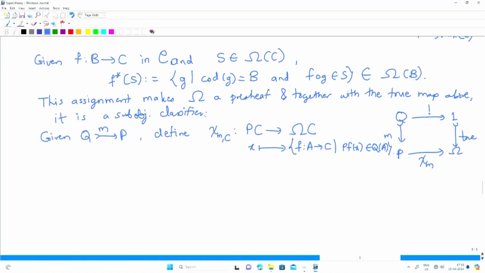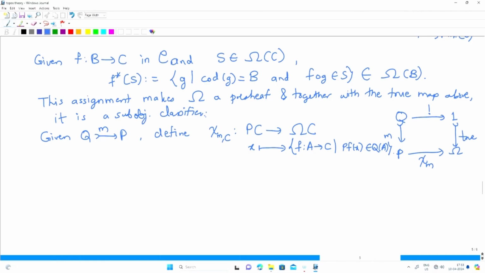The other way is clear. You can verify the details of this bijection. The other side is always clear that given any map, pullback of a mono is mono, so you'll always get a subobject. You have to verify that this association is bijection. So therefore you do get a subobject classifier, subject to your verifications.